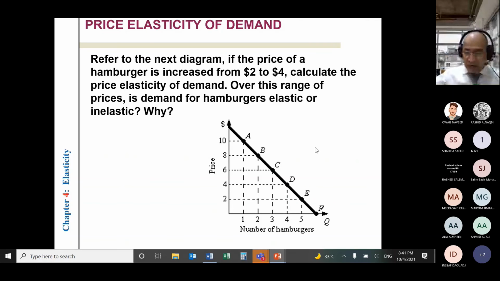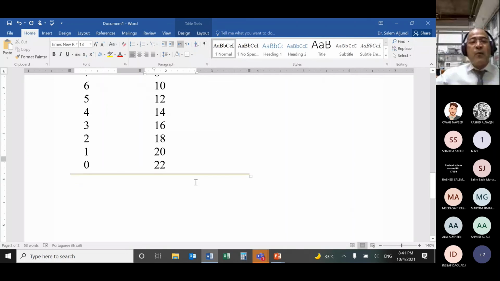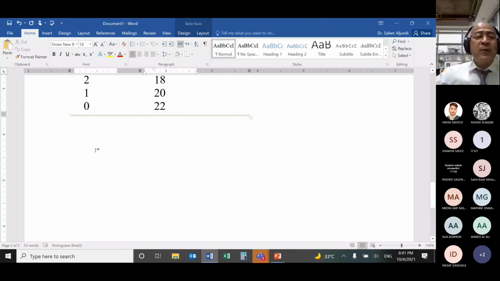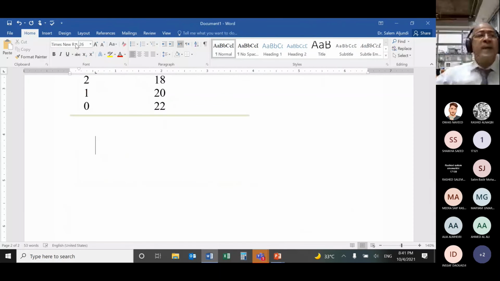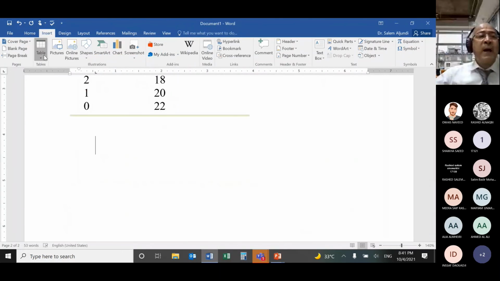So at the moment, I can guess the elasticity will be greater than 1, but we need to calculate it. Please try to work with me to calculate the price elasticity of demand.